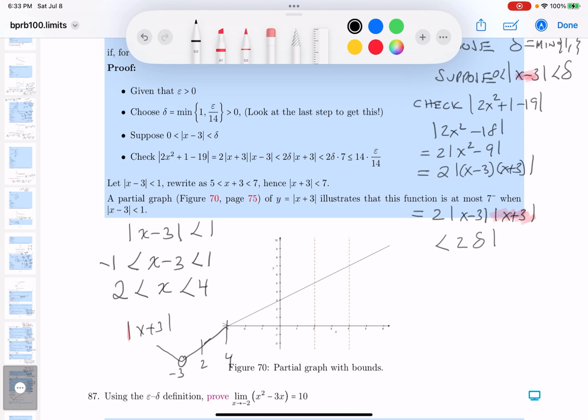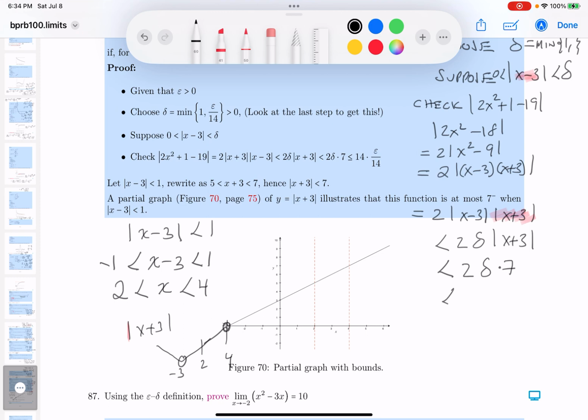I got this absolute value of x plus 3. And this will be less than 2 delta, and I said the maximum number it could take on over here would be the number 7. All right? Put this over here.